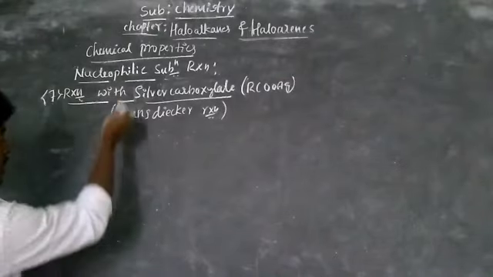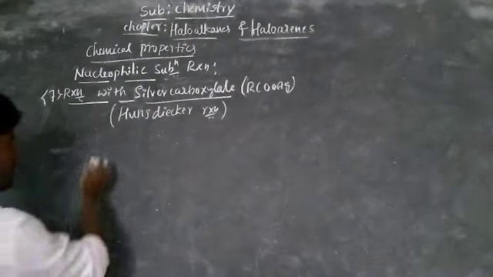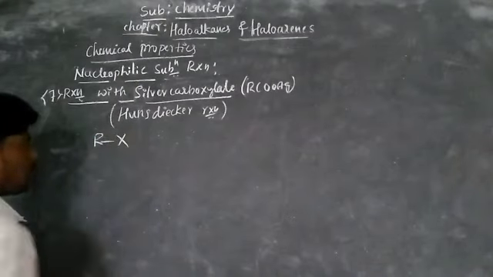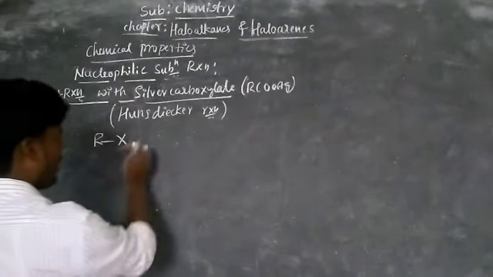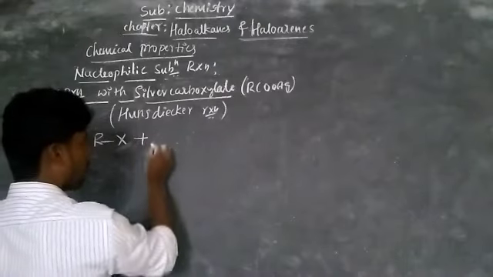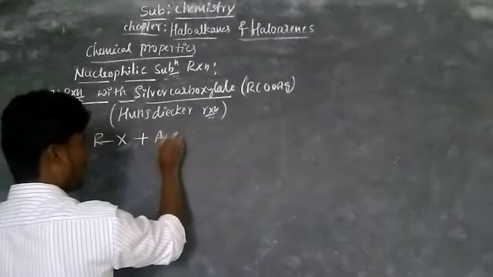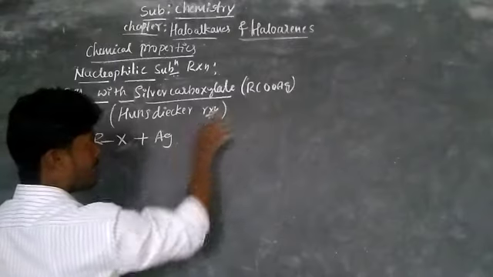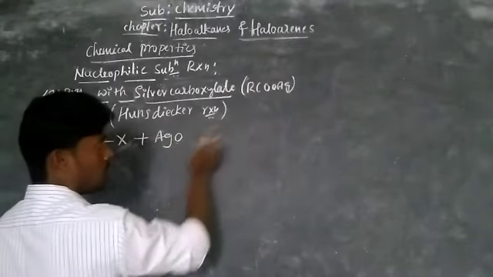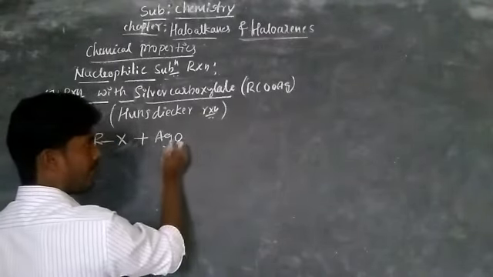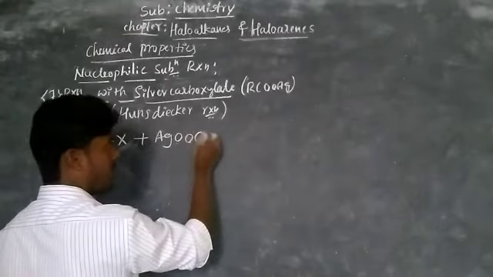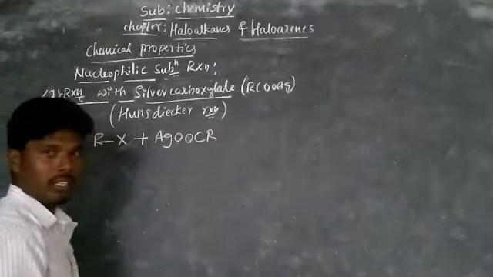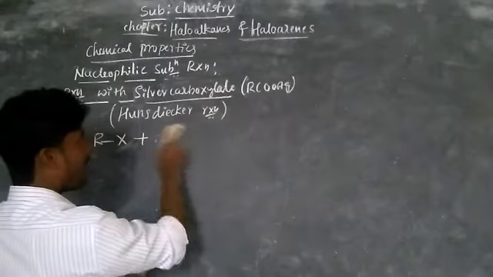In this reaction, haloalkane is treated with silver carboxylate. I am writing this one in reverse, AgOOCR. If you get confused, write it like that only.